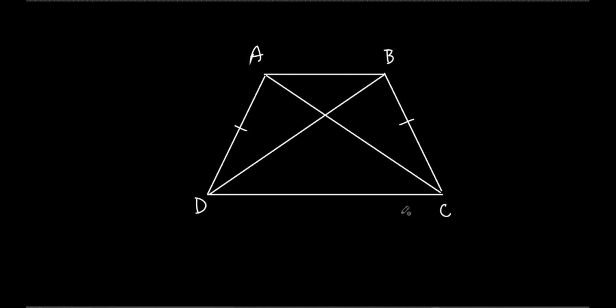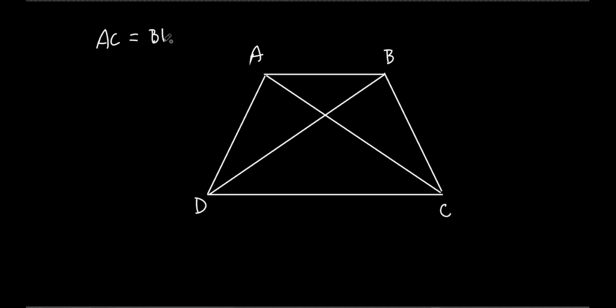All right, so if it's an isosceles trapezoid, what do you think BD and AC look like, just to you? Looks like they're equal to each other, doesn't it? And they are. We have a theorem that says that. It says that a trapezoid is isosceles if and only if its diagonals are equal to each other. So, let's say I knew that AC was equal to BD.